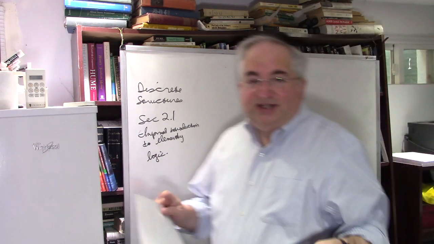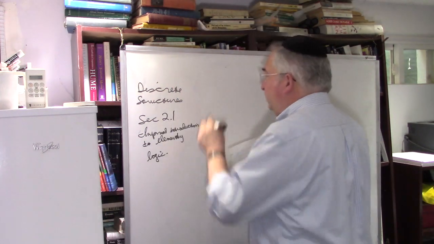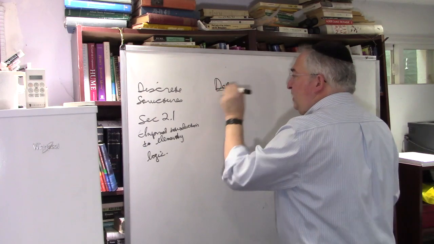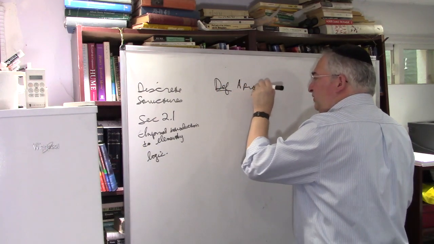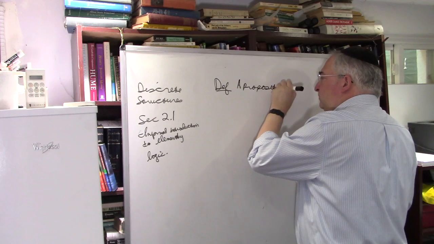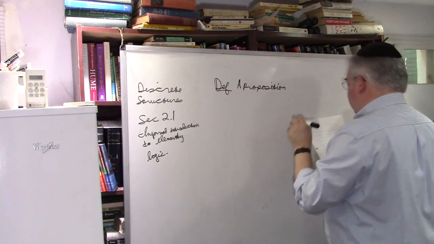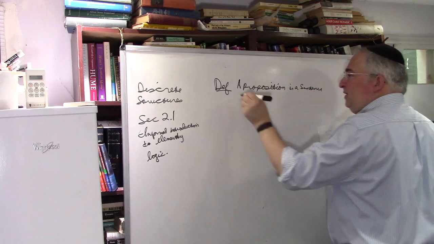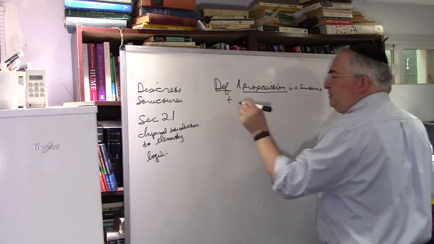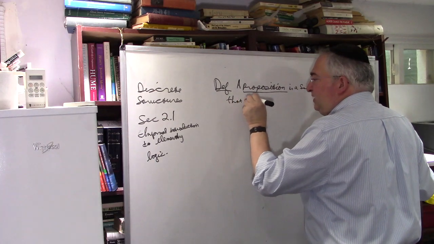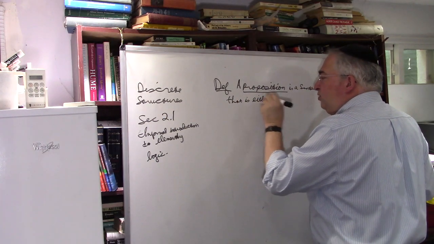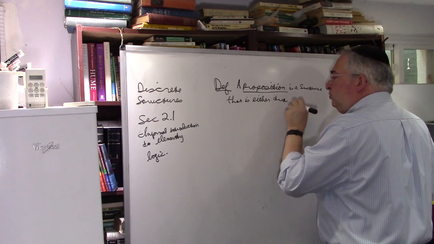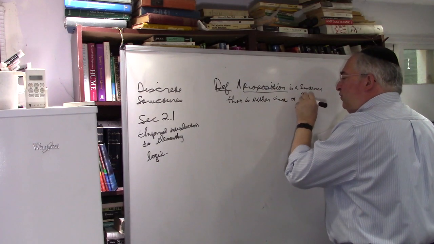Okay, so sets, what we dealt with before, was sets. Logic is all about propositions. What's a proposition? So let's make a definition. Definition: a proposition is a sentence that is either true or false.